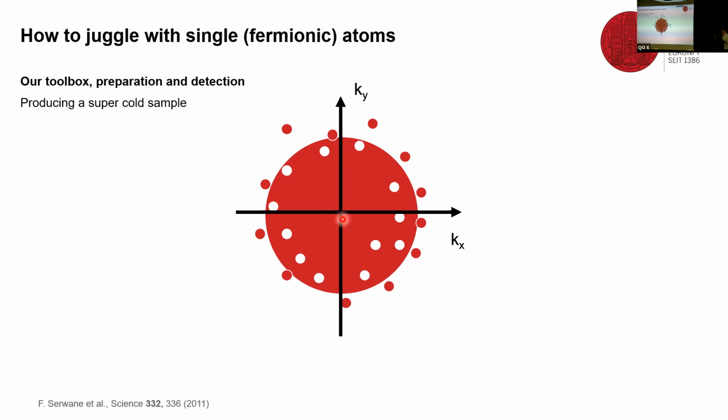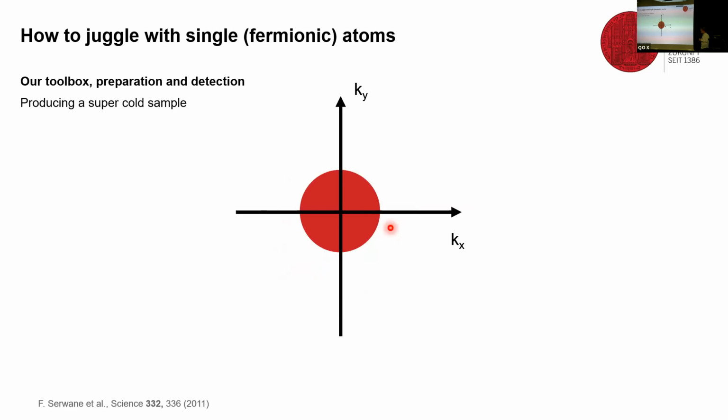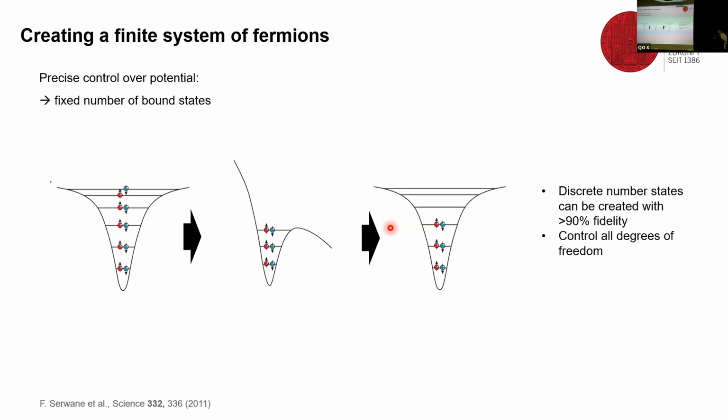There are some holes and particles, and so the basic idea is just to cut off the Fermi sphere and have only singly occupied sites left. Of course the idea is simple, but the task is not quite so simple.